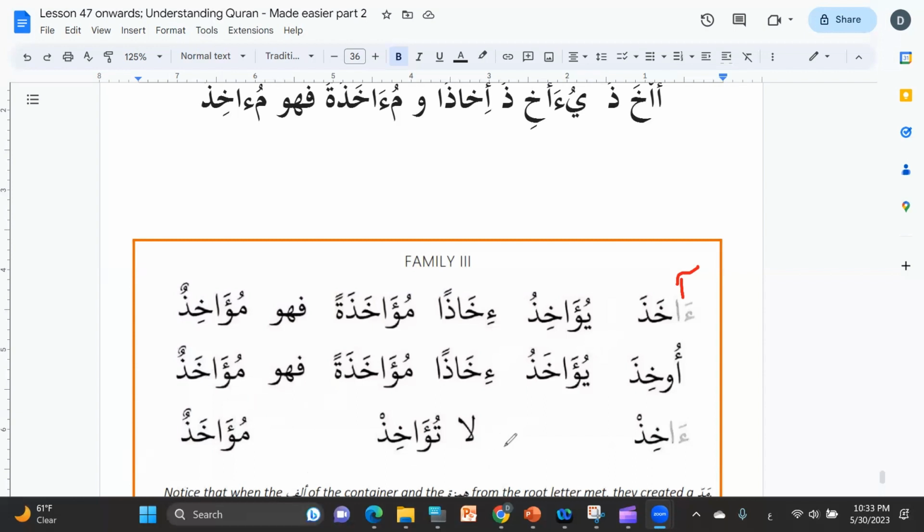Muwakhazun. So where did we find irregularity or changes in family 3? We need to make changes here in past tense. Let me first clear it and scroll it down.